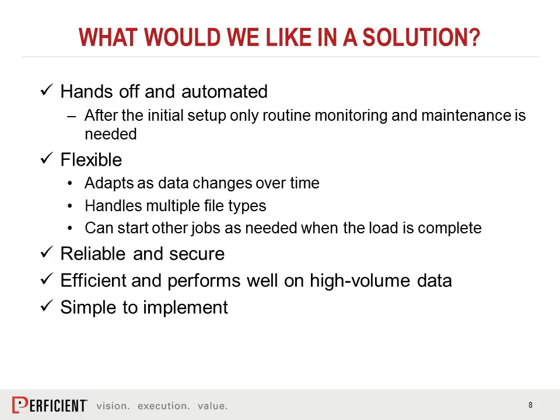An ideal system is flexible in the fact that I might want to choose to start other jobs when a data file has been loaded and that load is successful. So, for example, if I'm loading data from my CRO, and that's raw clinical data, and I have a series of programs or an application that transforms that data to a standard format, I might want to be able to trigger that transformation job automatically every time the raw data load is completed.